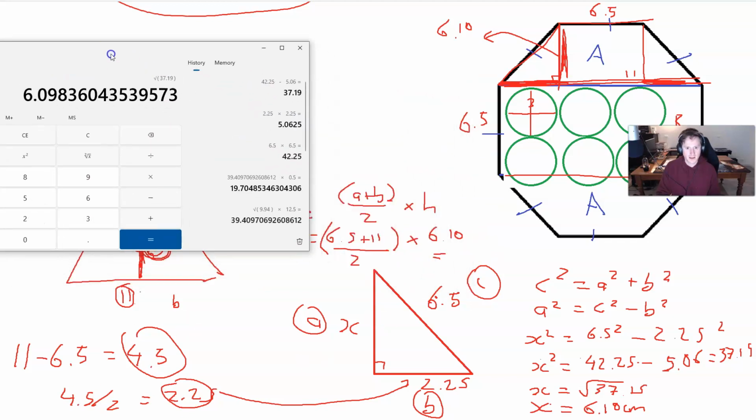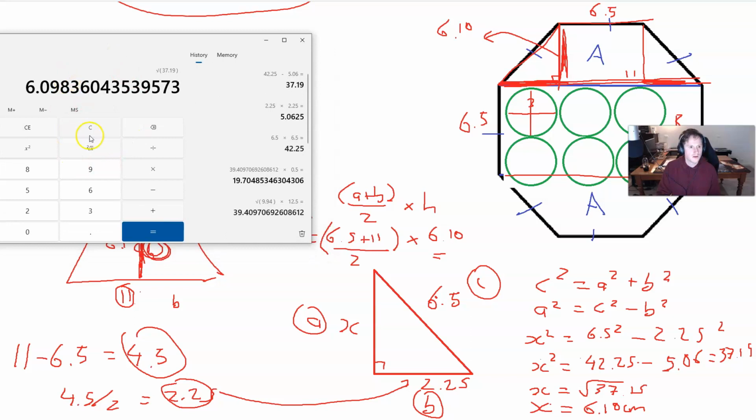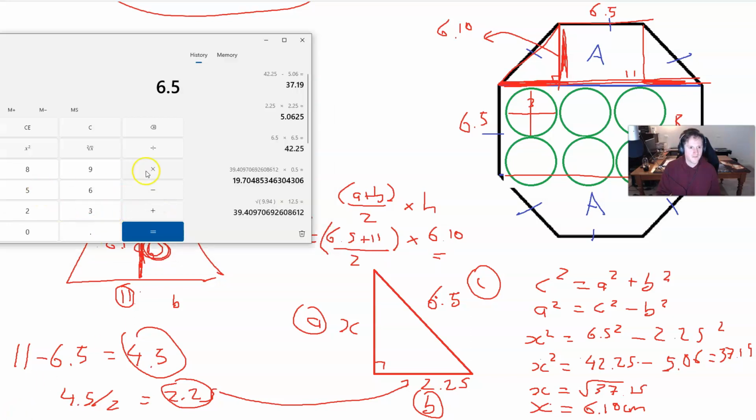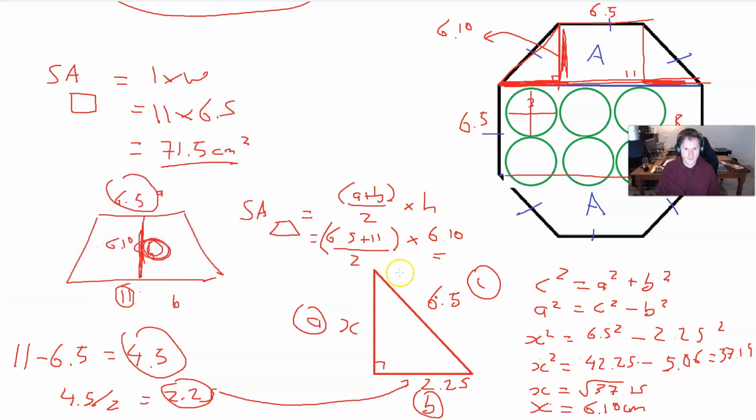So if I do that in my calculator, 6.5 plus 11 divided by 2 times by 6.1 gives me 53.37. Round that up to 53.38 centimeters squared. Sorry, we're getting very sloppy here.